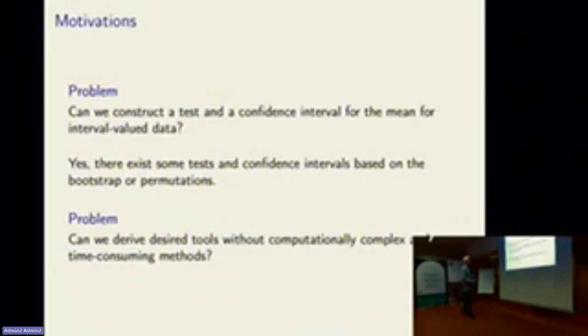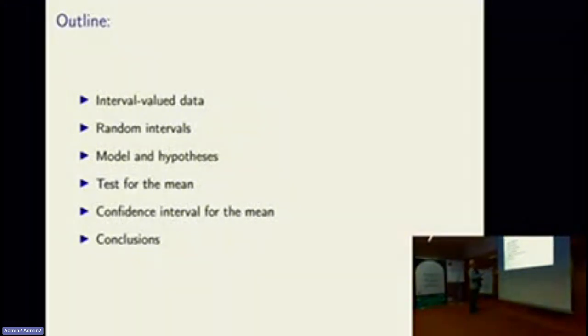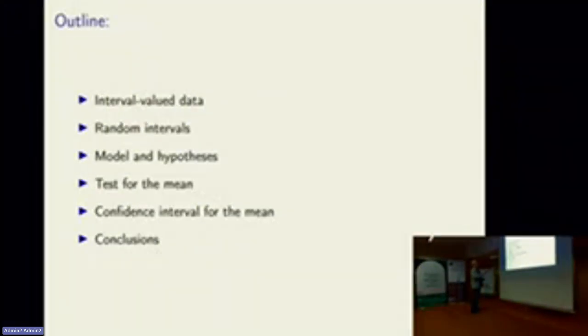So the next question, and the topic for today, is: can we derive the desired tools without resampling methods, which are often computationally complex, sometimes time-consuming, and so on? So I recall some notions about interval valued data, about random intervals. Then I specify the hypothesis and model. I show you our suggestion for the mean. I say we because it's a paper prepared together with my student, and then confidence interval and conclusion.